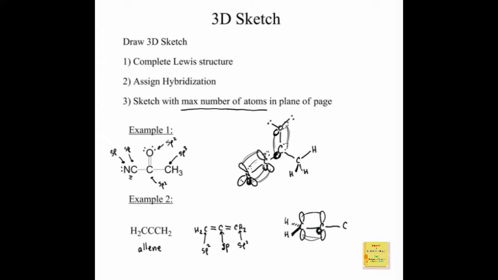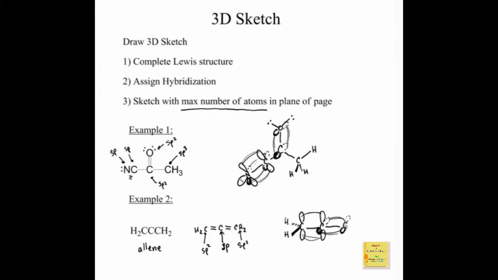Remember, every sp hybridized carbon has two p orbitals. So the second p orbital is out and back. There must be an aligned p orbital on the last carbon here, and that's how we form our second pi bond. So one pi bond is going to be above and below the molecule. The other pi bond electrons are going to be in front and behind the molecule.